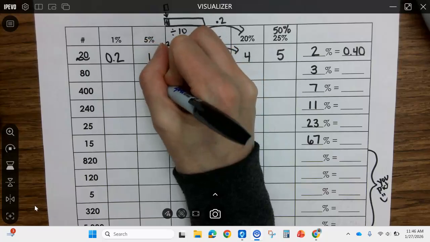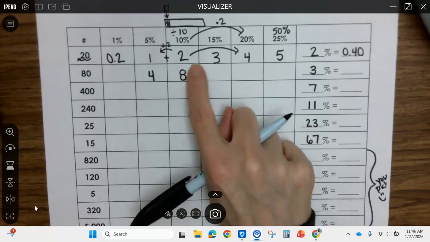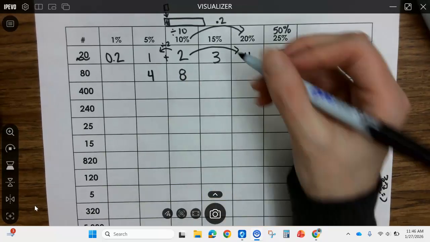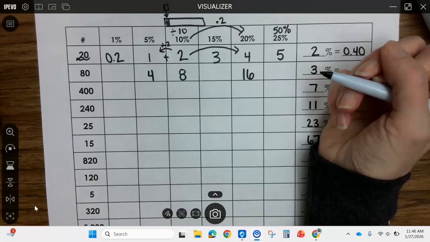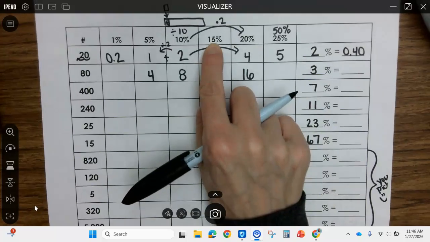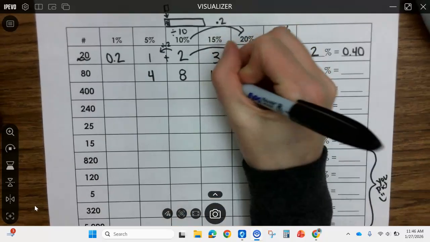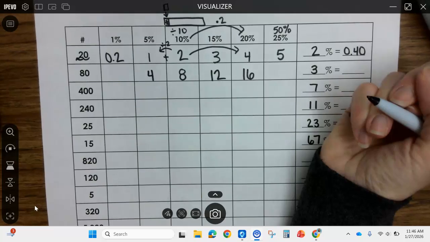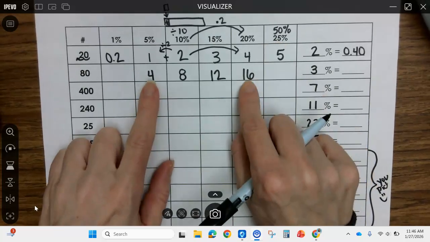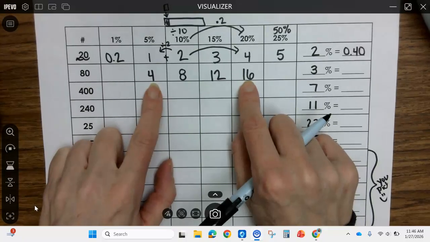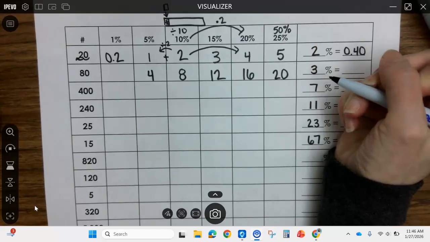So that would be 4. 20% is double 10%, so I'm going to double the 8 and get 16. 15%, I can add 5% plus 10%. That gives me 12. And 25%, I can do 20% plus 5%. So 16 plus 4 gives me 20.